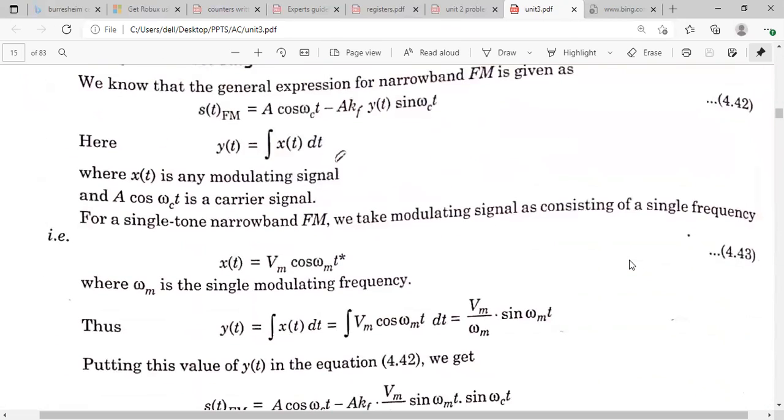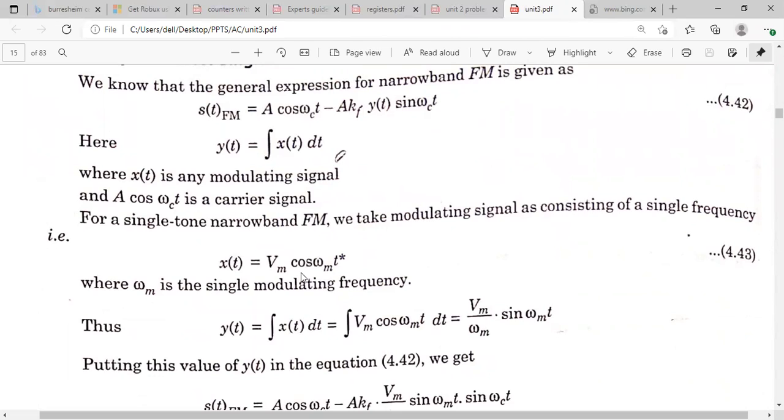And also, this is the expression for the single tone narrowband FM signal. Instead of y of t, you have to substitute the integral from 0 to t of x of t dt.